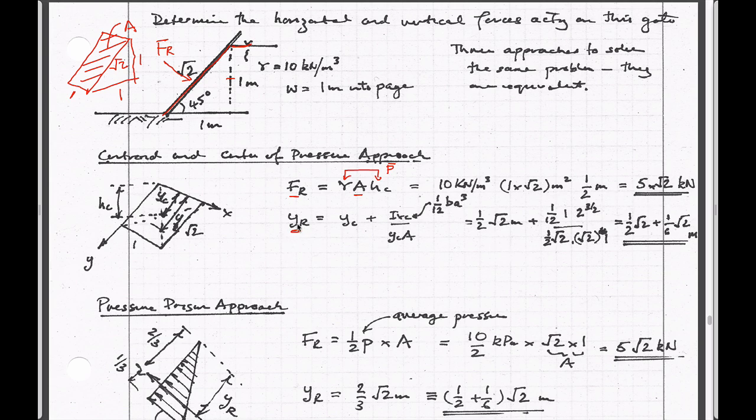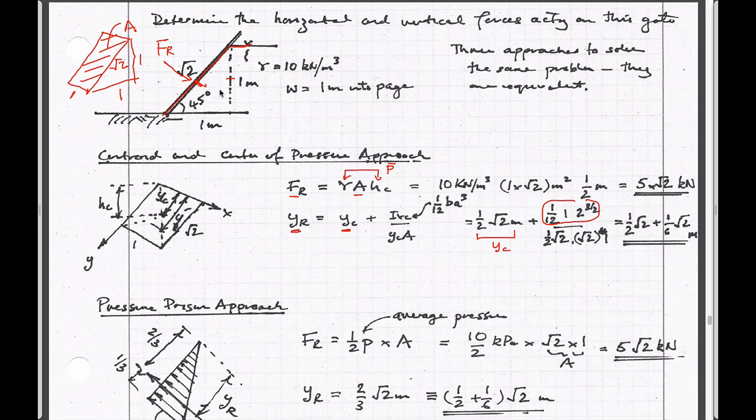If you want to calculate where it acts, you can use the parallel axis theorem. The y-coordinate of the centroid would be square root 2 over 2. It would be half this distance down here. This is square root 2 over 2. This is y sub c. This is the 1 over 12 times b times a cubed.